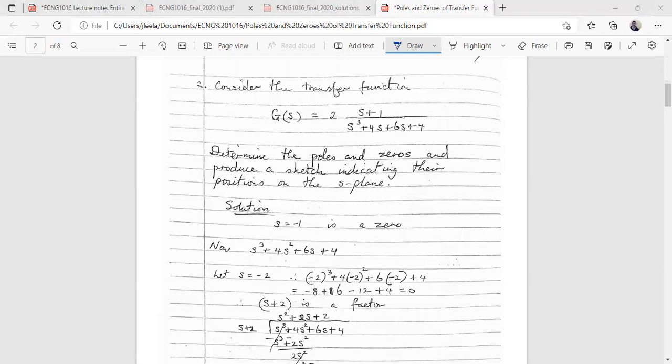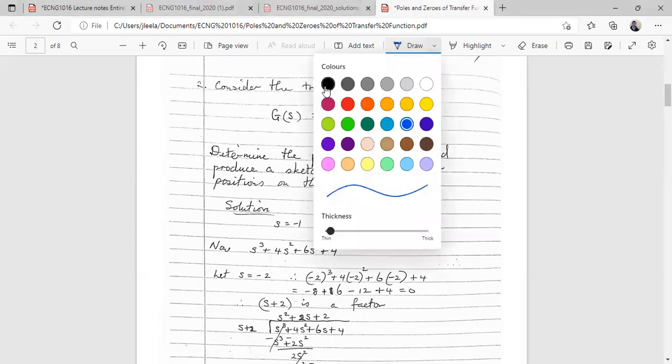Right. Consider the transfer function G(s) is 2(s plus 1) over s cubed plus 4s squared plus 6s plus 4. This is supposed to be squared, sorry about that.